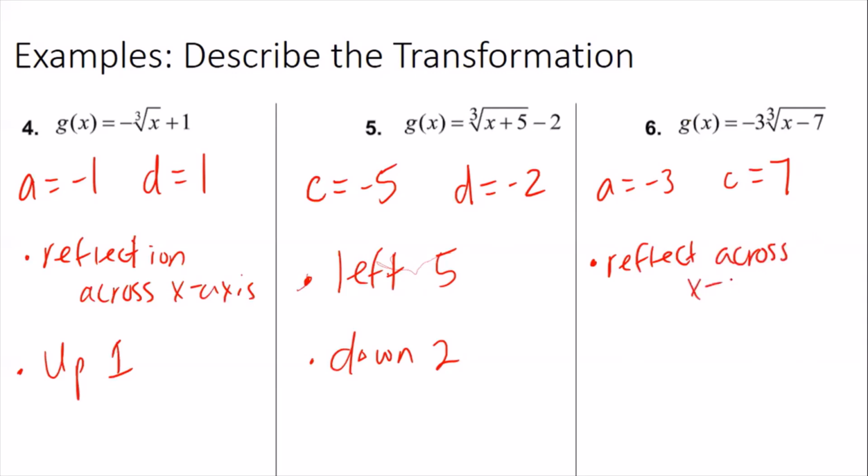Oh, right. It's a C. What else did the A do though? Vertical stretch. And then we went to the right 7.